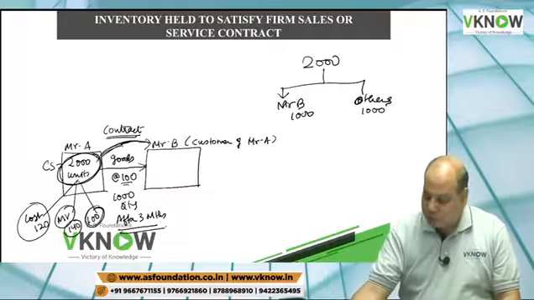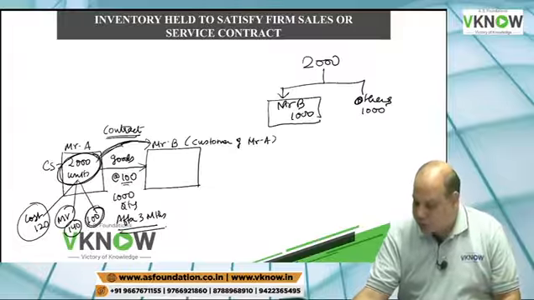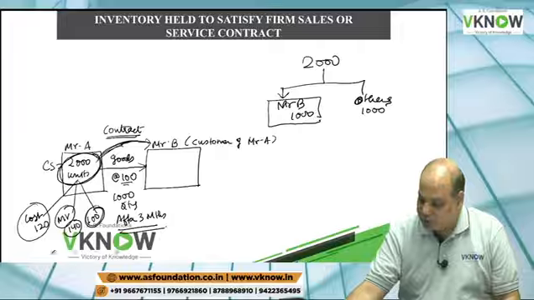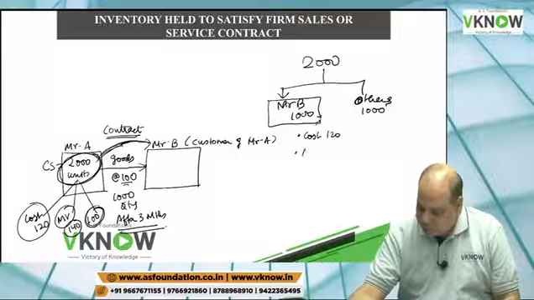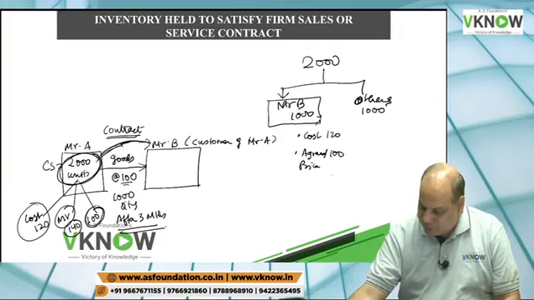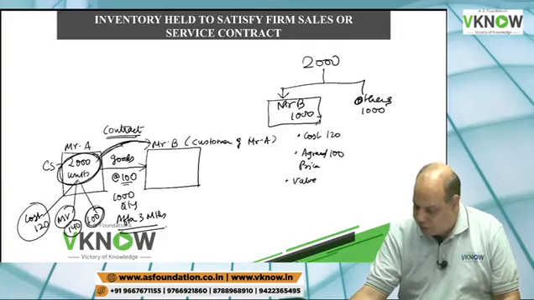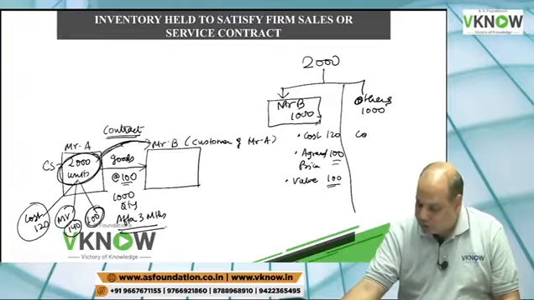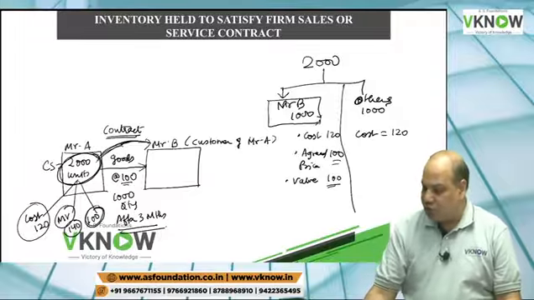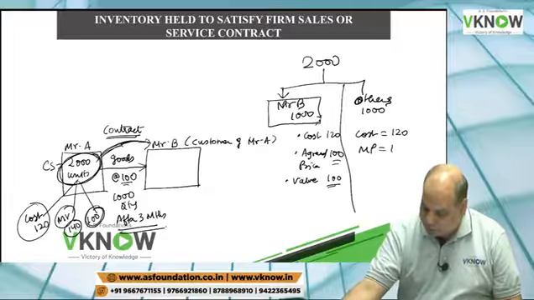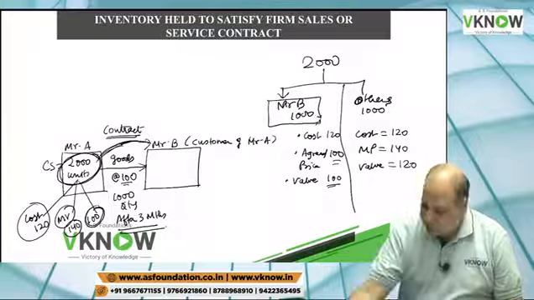Now what this standard says is, these 1000 quantity are specifically for Mr. B. So here you apply cost 120 and agreed price with Mr. B 100 rupees, and therefore the inventory will be valued at the lower of the two, that is 100 rupees. As far as the others are concerned, which I am going to sell in the market in future, cost is 120, market price is 140, so I am going to value inventory at 120.